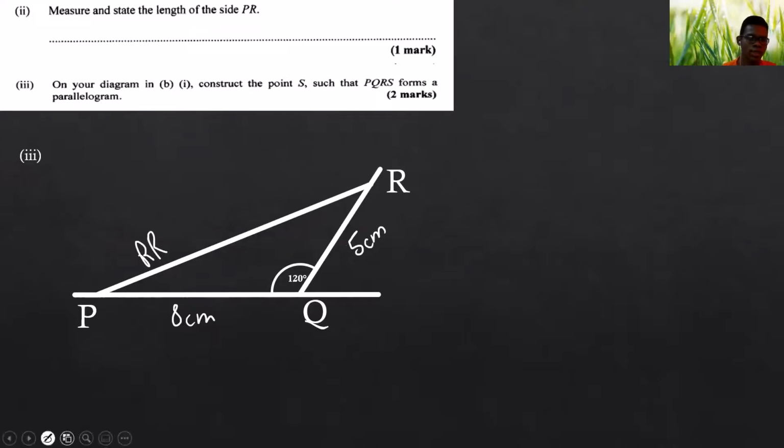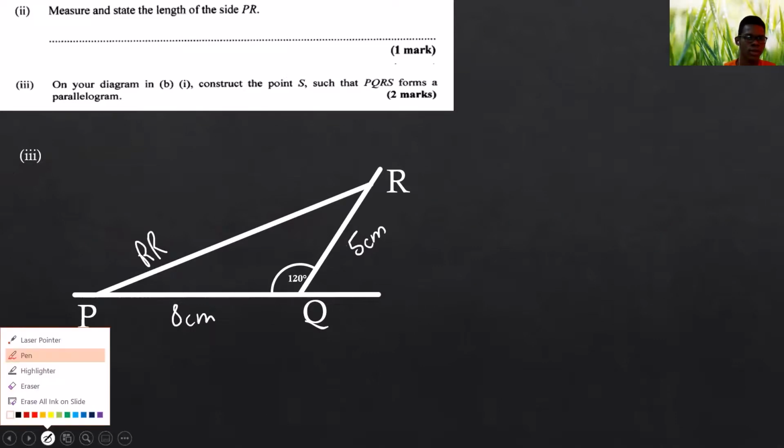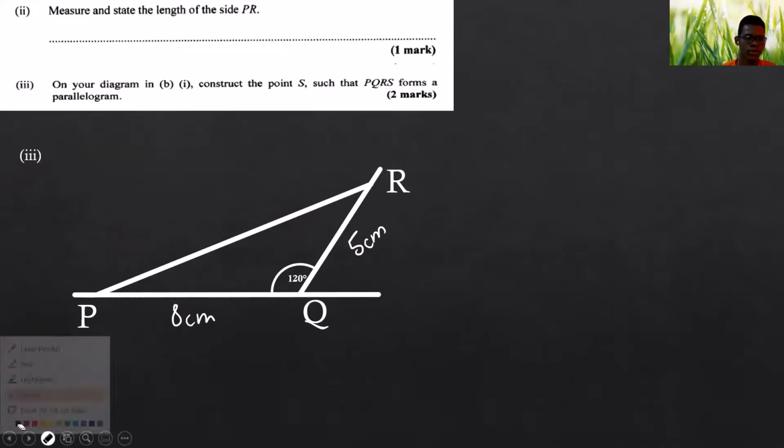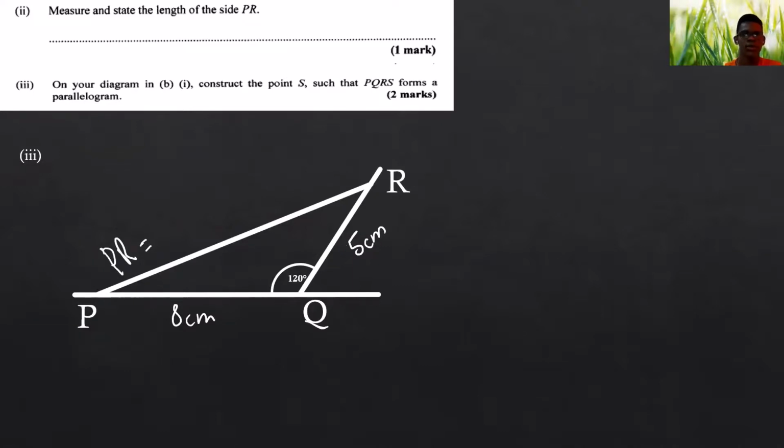This line at the top here. Put in R first. Use a ruler and measure the length of this line. Anybody else get 11.4?